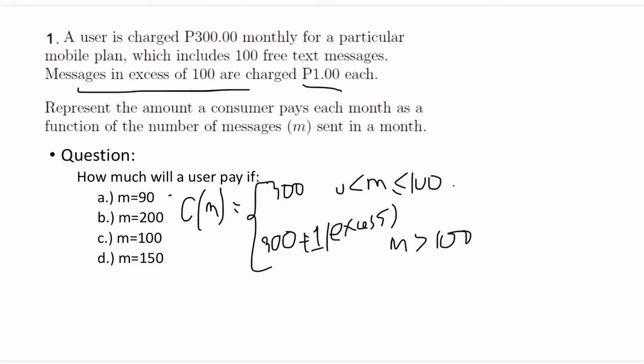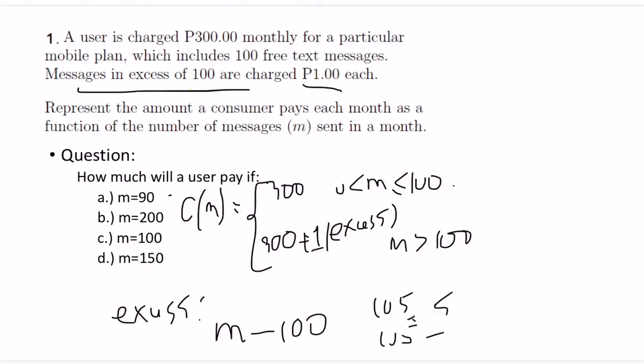Okay, but how do we compute for the excess? It is M minus 100. It is just the excess, so more than 100 text messages, so the excess will be M minus 100. For example, if you have 105 text messages, your excess here is just 5, right? 105 minus 100 equals 5.